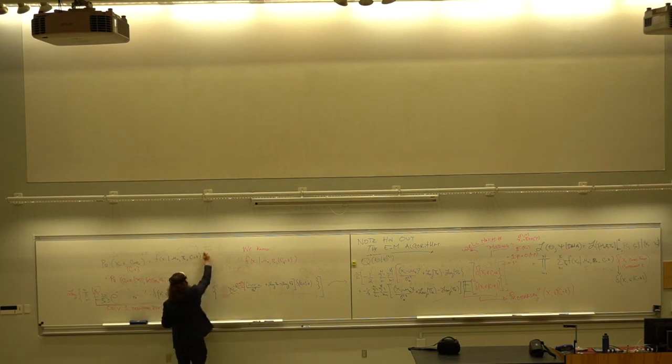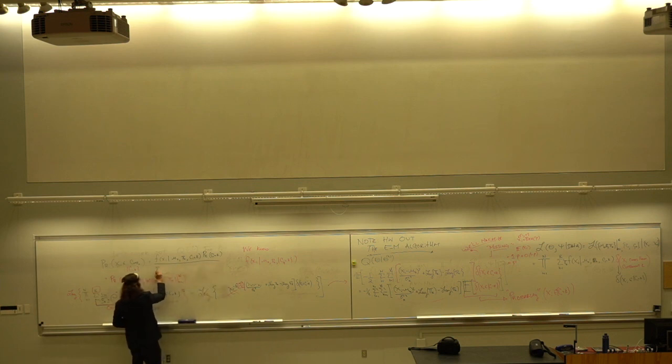And now I need my probability that ci is equal to k. And I need to normalize this. This is Bayes' theorem. So I'll marginalize over k.